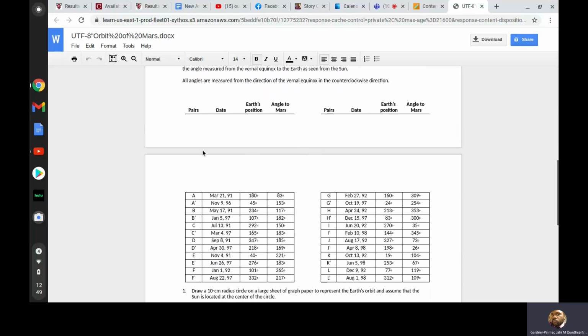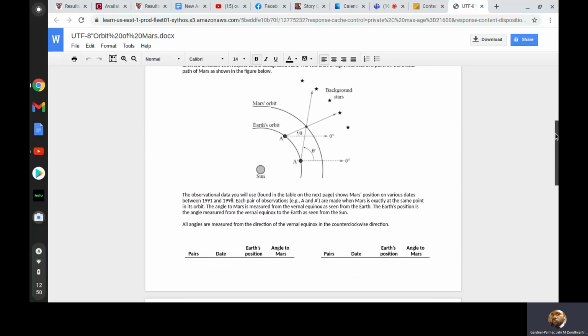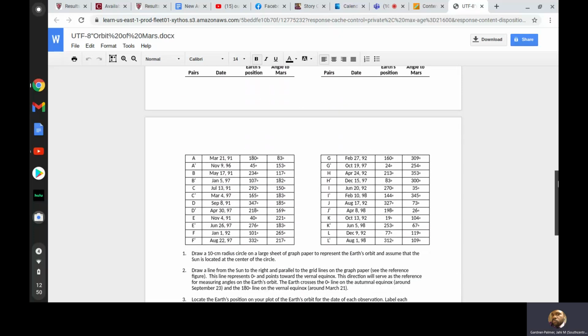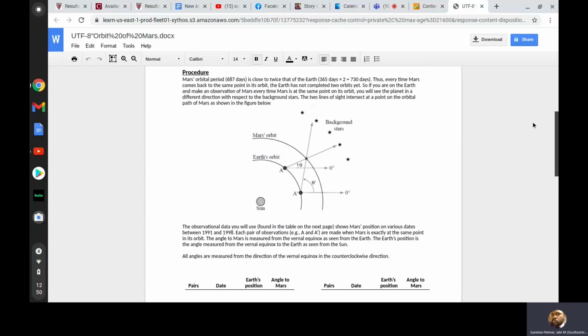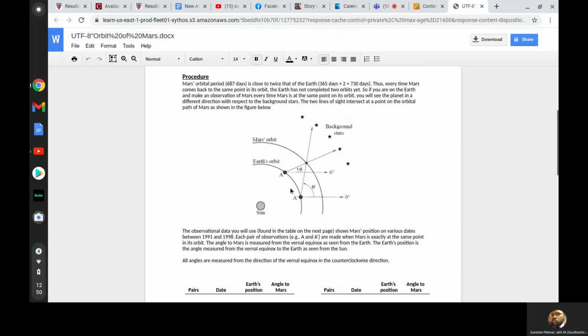And then you'll notice it has its pair observation, that A prime. It says Earth is at 45 degrees. So you're going to draw a position of Earth there. Let's just say this is that angle. And then it says Mars is at 153 degrees from that position. So then you're going to draw a straight line starting at this point from 153 degrees.